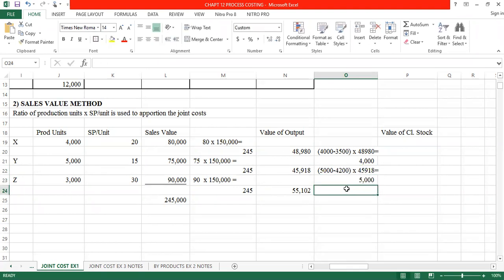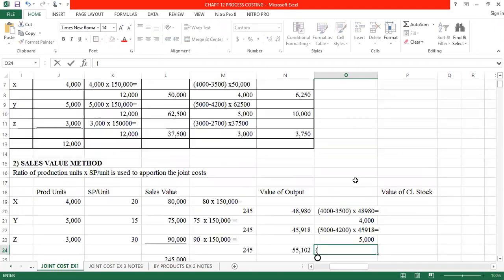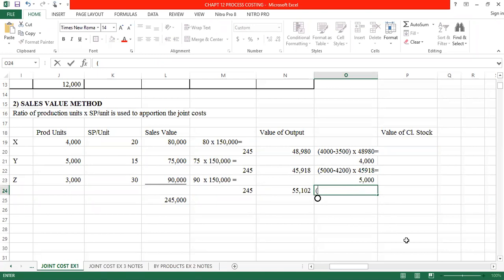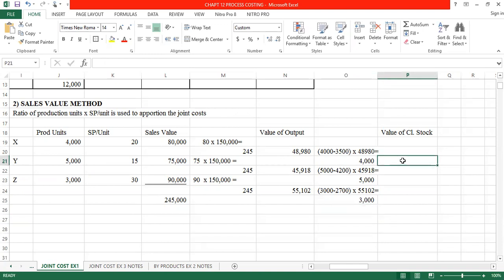And lastly, we have 3,000 minus 2,700 times 55,102, divide by 3,000. You get your answer. So what do we get as our values here?